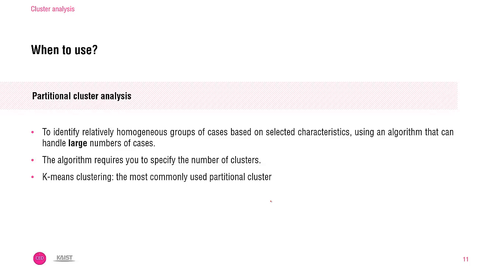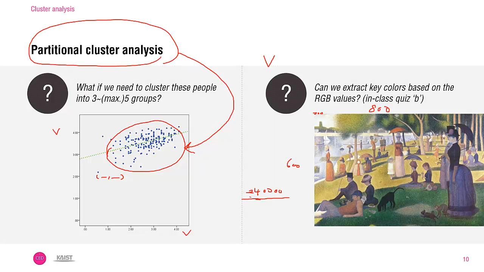So going back to the partitional cluster analysis, let's look at when we need this analysis. Firstly, when we need to identify relatively homogeneous groups of cases based on selected characteristics using an algorithm that can handle large numbers of cases. Suppose that you draw a dendrogram of this number of items. It's almost impossible to draw one dendrogram on one A4 size paper, right?